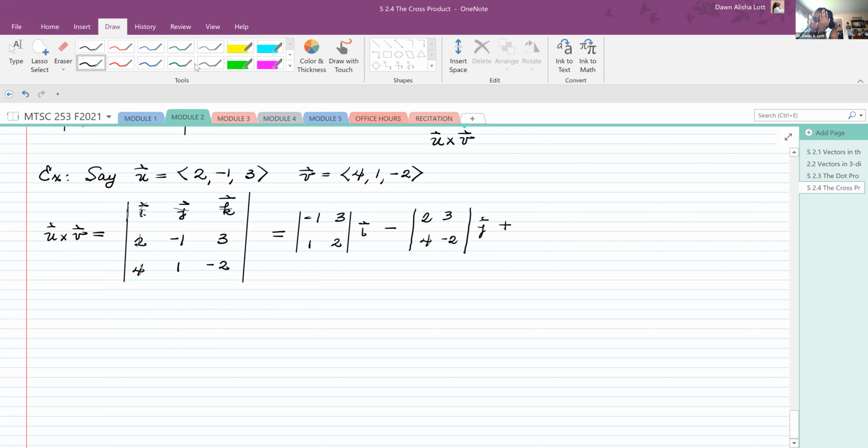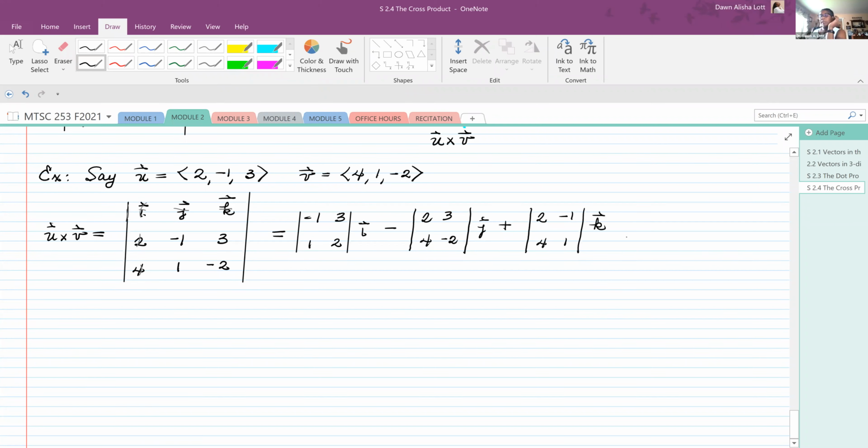And then when I cross off the K column and K row, I get 2, negative 1, 4, 1. Times K.